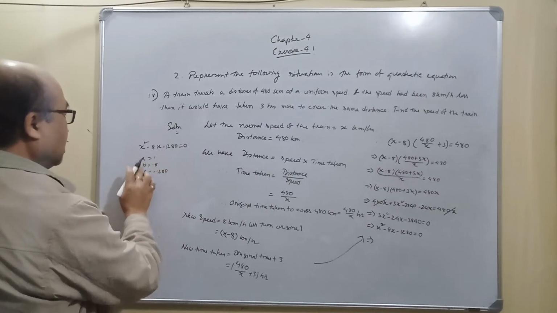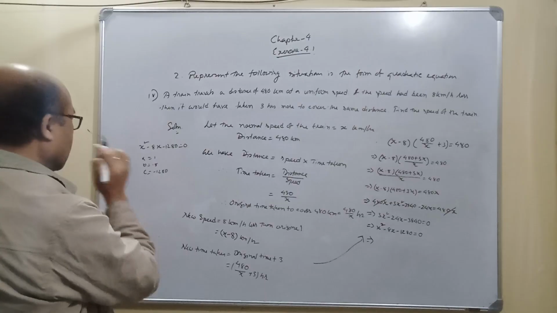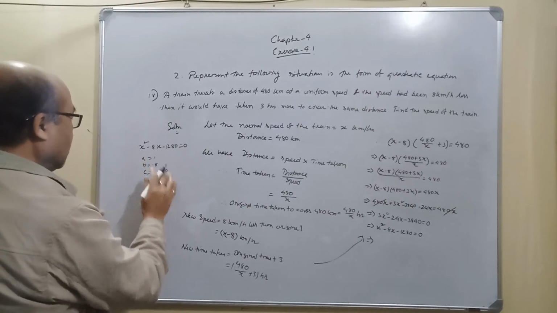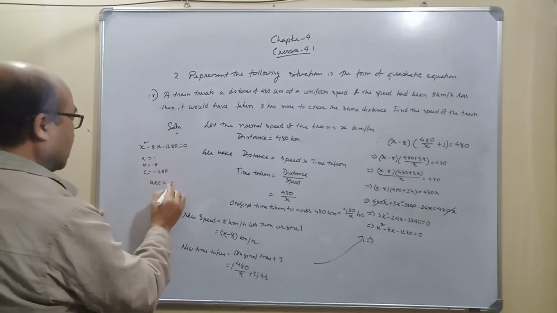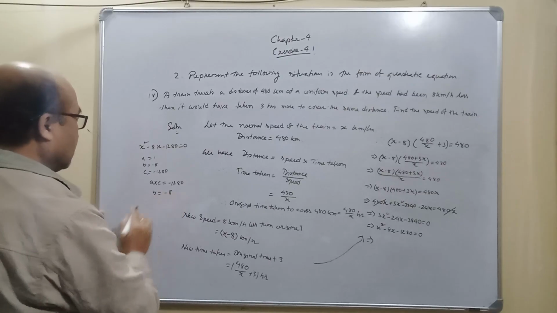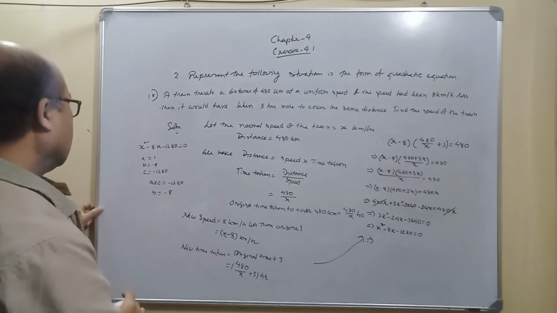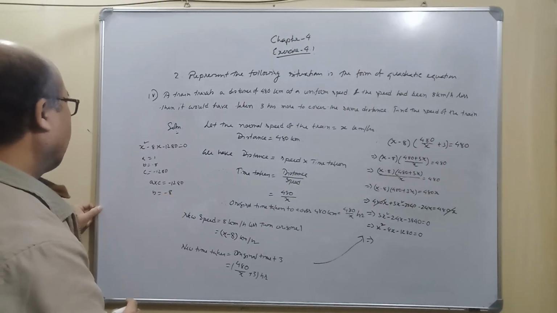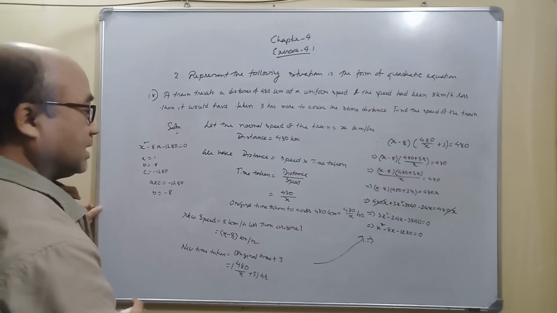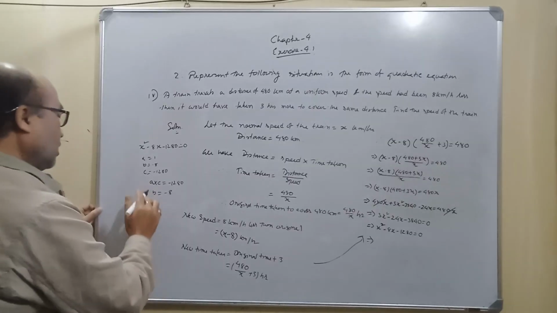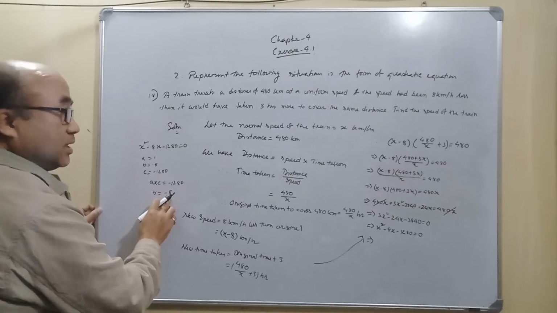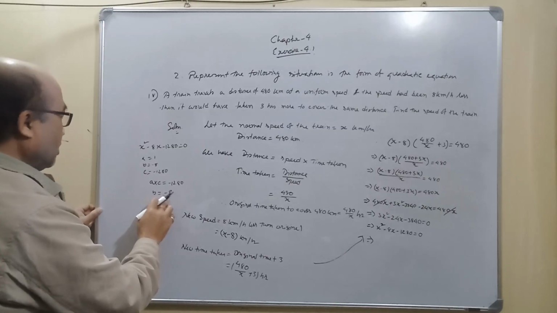A, B, C. So A into C is 1 into minus 1280, which is minus 1280. And B is minus 8. So we need two numbers whose product is minus 1280 and whose summation is minus 8.